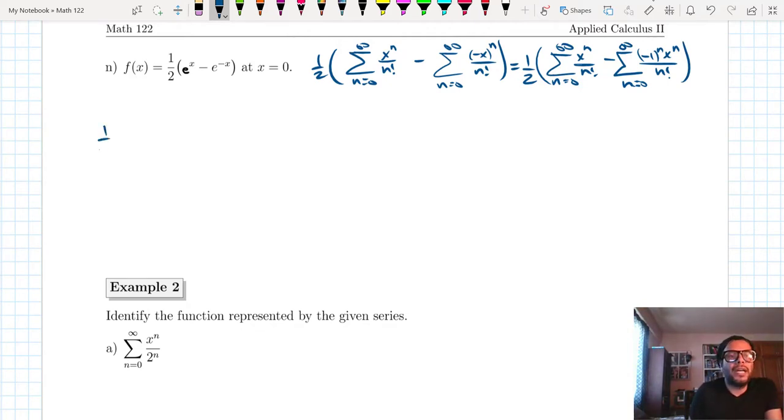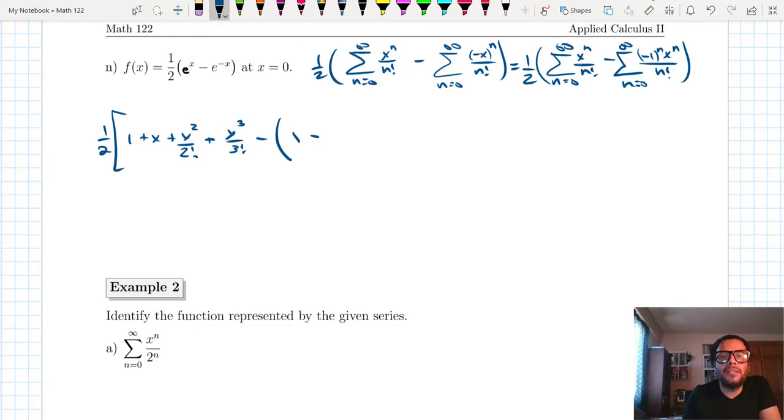I'm going to expand a few terms for each. So this will be 1/2 times 1 plus x plus x squared over 2 factorial, plus x cubed over 3 factorial. Oh, by the way, I needed to add that dot dot dot.